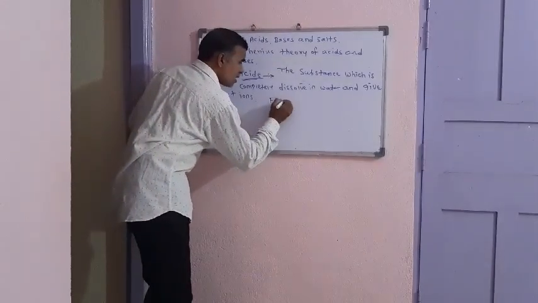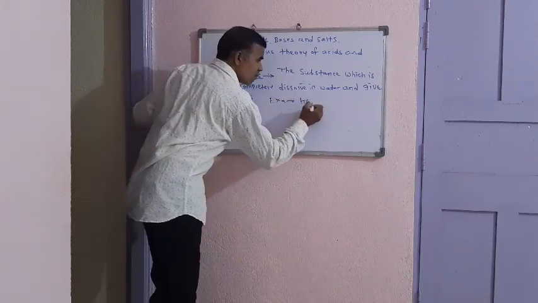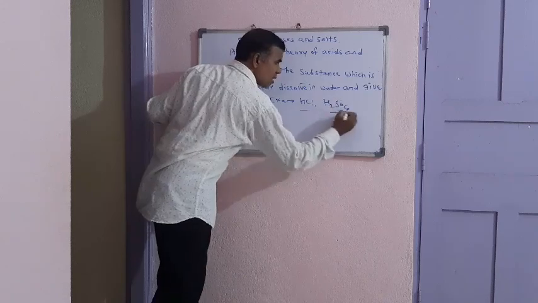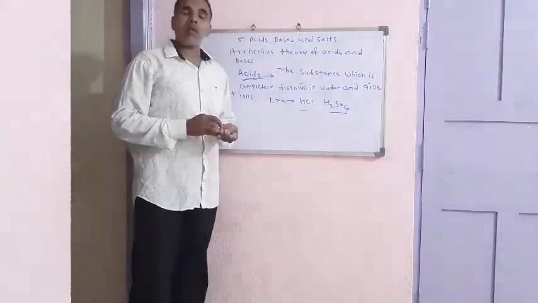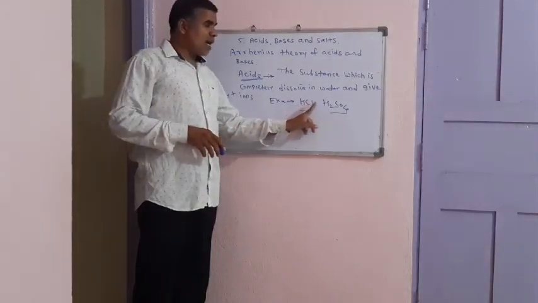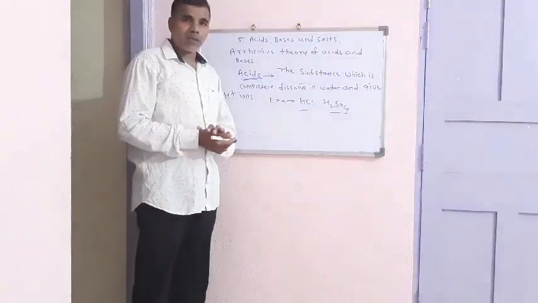Example: HCl, H2SO4, these are acids. These substances completely dissolve in water and give H plus ions and acidic radicals.